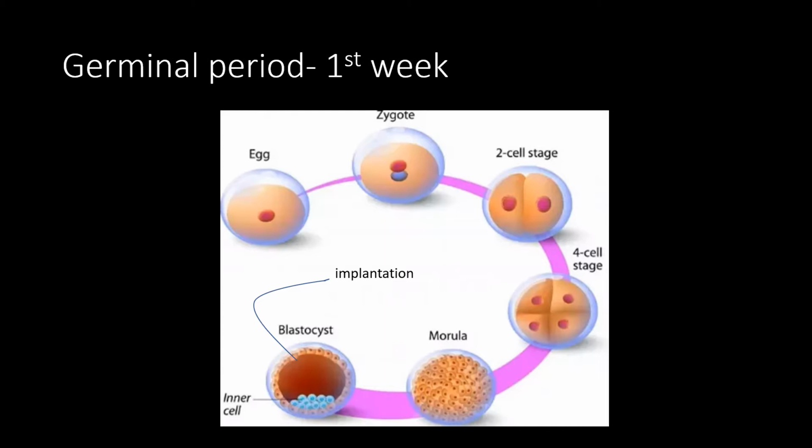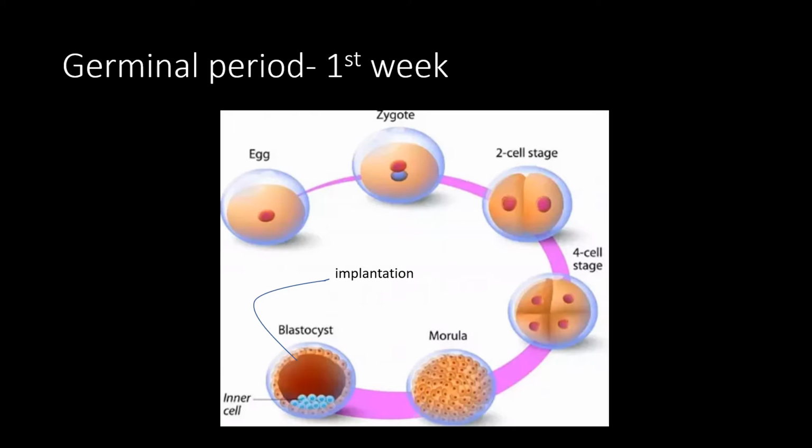In this germinal period, the zygote divides into the two cell stage and then extends up to the morula stage. Then it changes to blastocyst, then implantation, then formation of the trophoblast and chorion, and appearance of the bilaminar and trilaminar disc. So these are the changes we are going to see.